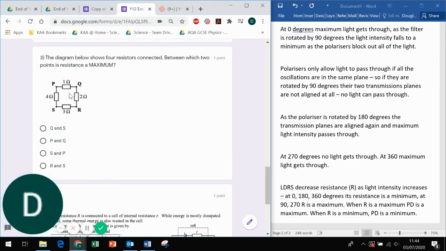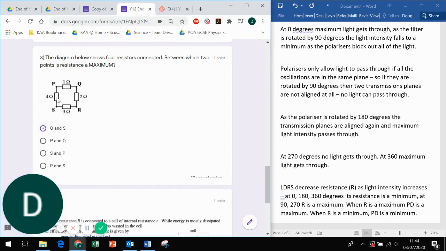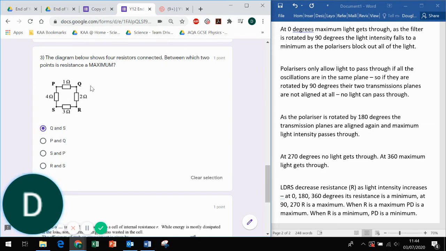A little bit of playing around shows that between Q and S, we have 5 this way or 5 this way, so the resistance will be 2.5 overall, and no other way gives us as large a resistance on each branch. Any other way, you always get this 1 and a 2, for example, to have 3, so it'd be even less. You could do some calculations, but it's fairly easy to figure out. It must be Q and S.